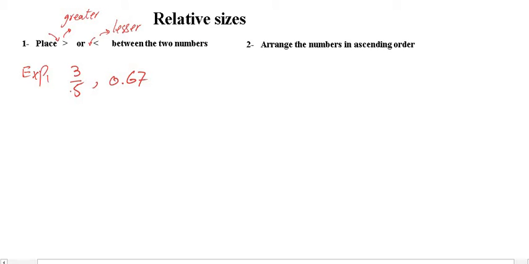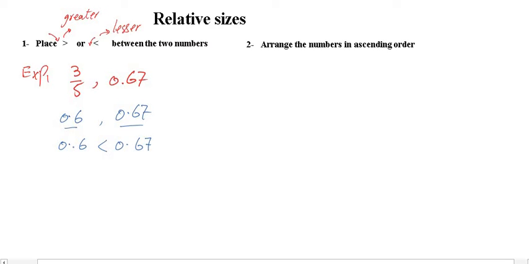So 3 out of 5, use the calculator, you get 0.6, and this is 0.67. If you observe, 0.6 is smaller than 0.67. But stop here.